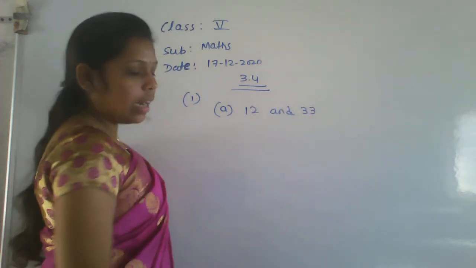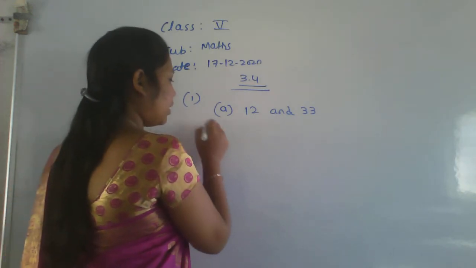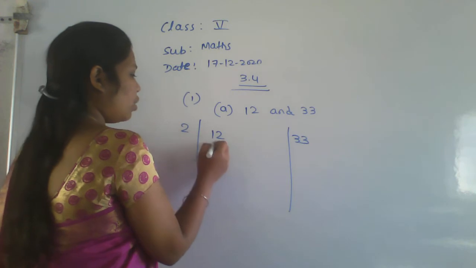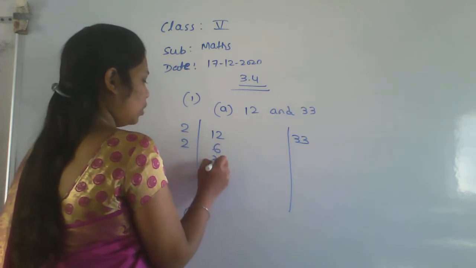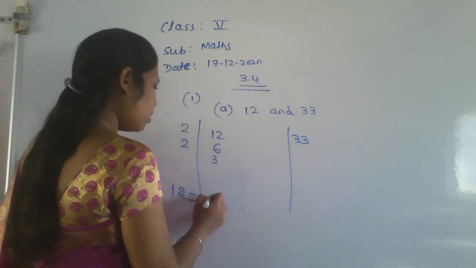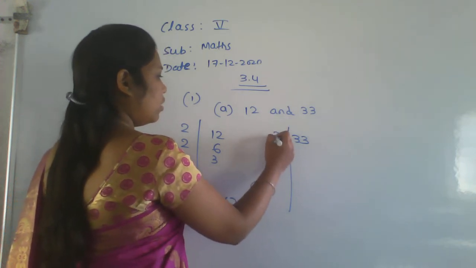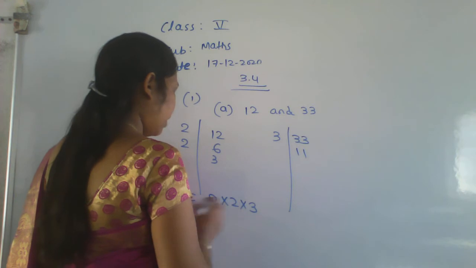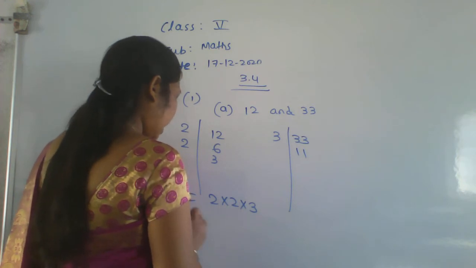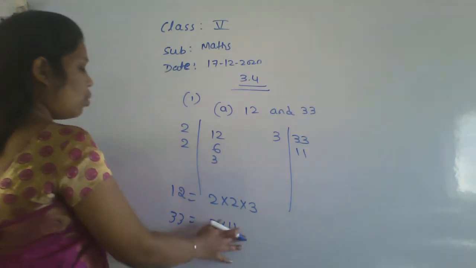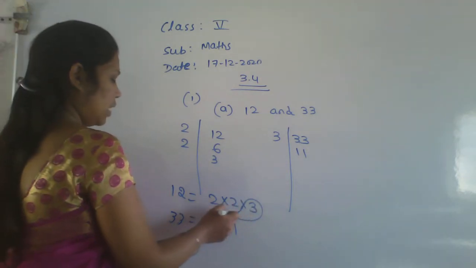So first find the prime factors of 12 and 33. 12 can be written as 2 into 2 into 3. 11 is also prime, so 33 can be written as 3 into 11. Which is common here? Only 3 is common.